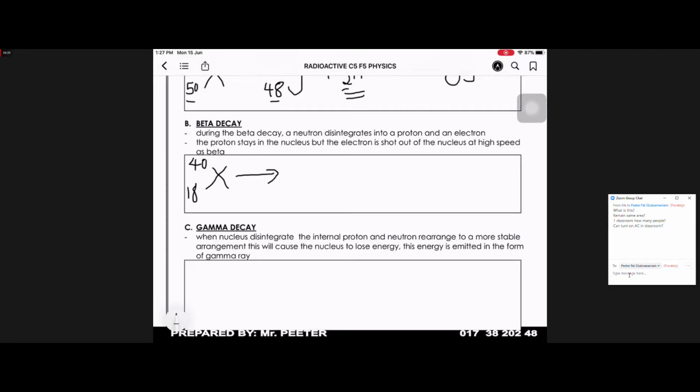It is forming a new element by releasing one single beta, and of course, while decaying, they will release energy. So this element is going through a decay process. It is also releasing energy and releasing one single beta.